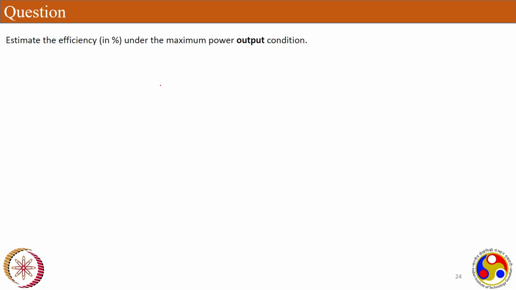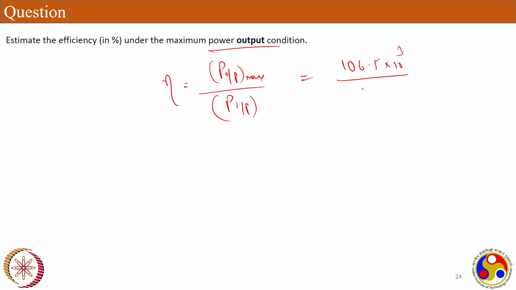Okay. Now efficiency under maximum power. Efficiency is power output at the maximum condition divided by input. So output power is 106.5 kilowatt divided by the input 153.8 kilowatt. 106.5 by 153.8 gives 69.24%.